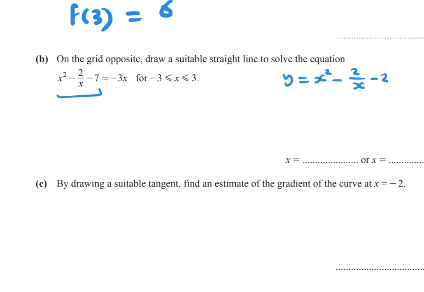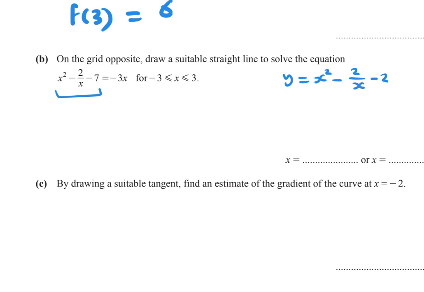But now we have x squared minus 2 over x minus 7. So we need to rearrange this equation such that the equation of the curve is to the left and the equation of the line is to the right.